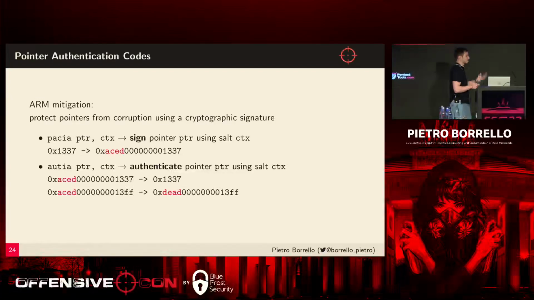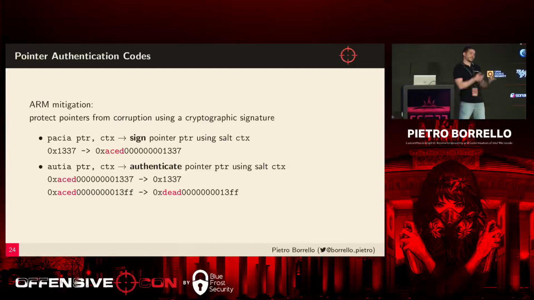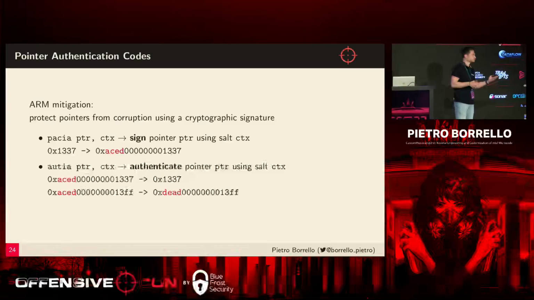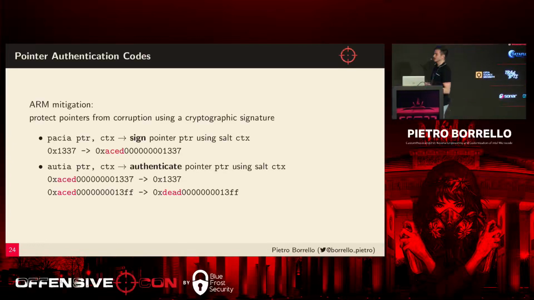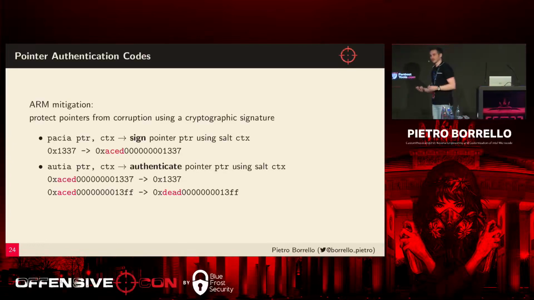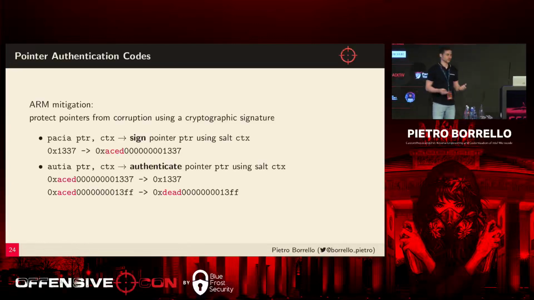It gets a signed pointer as input and authenticates the signature. If the signature is correct, you get back the original pointer that you can then use. And if the signature is wrong, for example, if an attacker was able to modify the pointer to make an exploit, the signature will not match anymore, and you will just have a corrupted pointer that you cannot use.